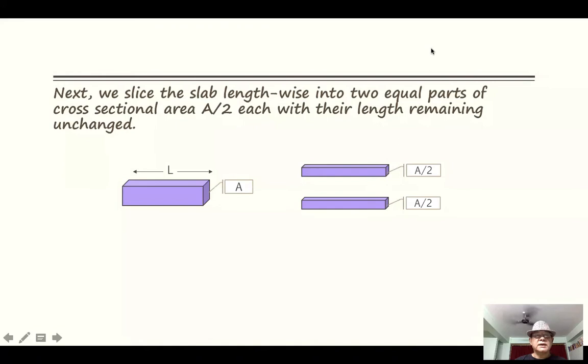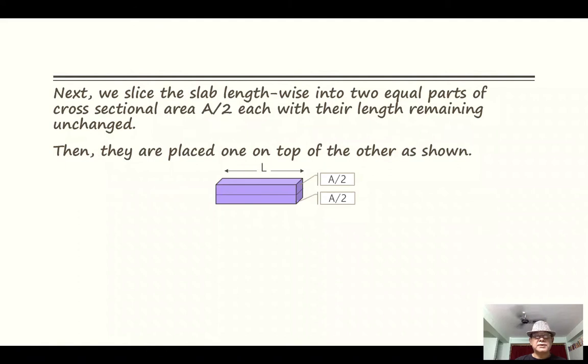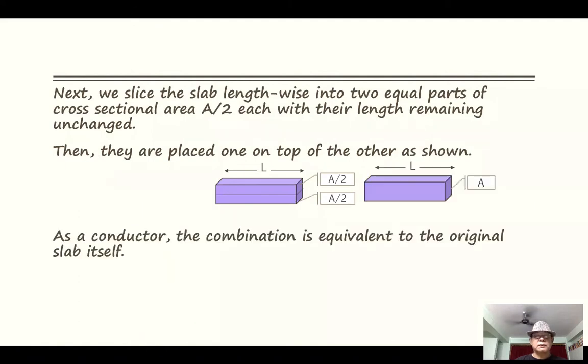Next, we slice the slab lengthwise into 2 equal parts of cross-sectional area A by 2 each, with their length remaining unchanged. Then they are placed one on top of the other as shown. As a conductor, the combination is equivalent to the original slab itself.